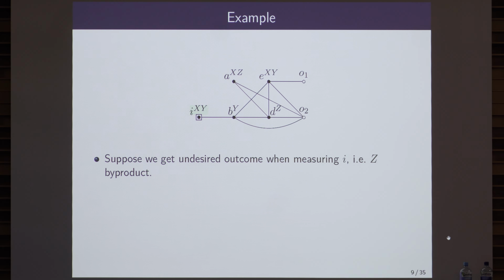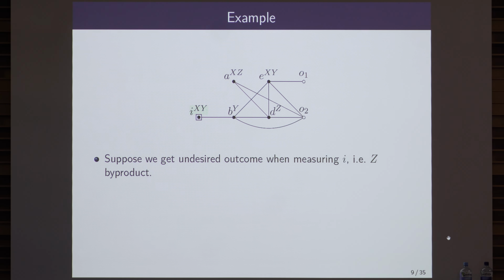And the 2 states, they are differing by a Z byproduct. So that means that we got the outcome we didn't want, and it differs from what we wanted to obtain by a Z byproduct. So we must be able to correct it in some way.